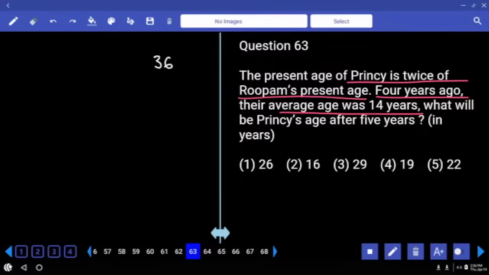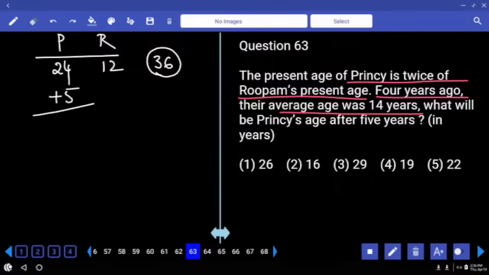Prince's age will be twice of Rupam's age. So 36 must be divided in the ratio 2:1. 3 parts, 36. 1 part, 12. 2 parts, present ages are 24 and then 12. What will be Prince's age after 5 years? Present age of Prince we already know, 24. After 5 years, 29.